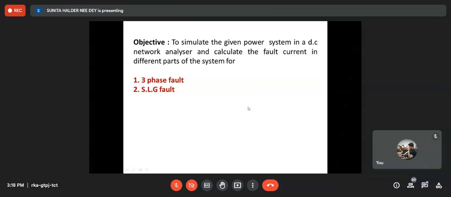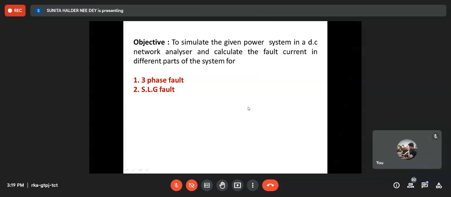That means in the DC network analyzer board, some components are given. We have to make the circuit, so we can simulate any circuit in that analyzer. You have used a part of that when you studied the DC distribution system in your second year, I think. So the same board we shall use to simulate this power system.